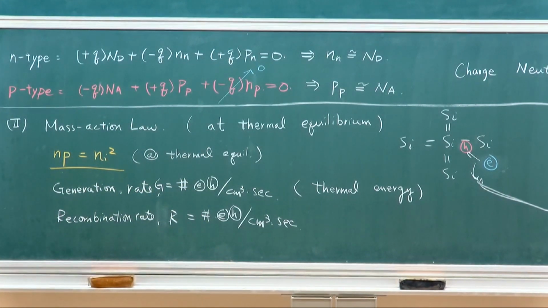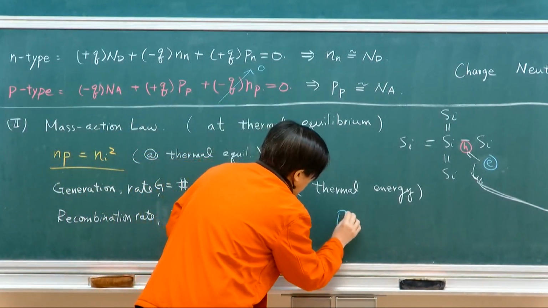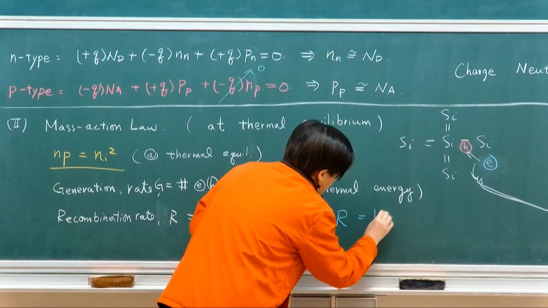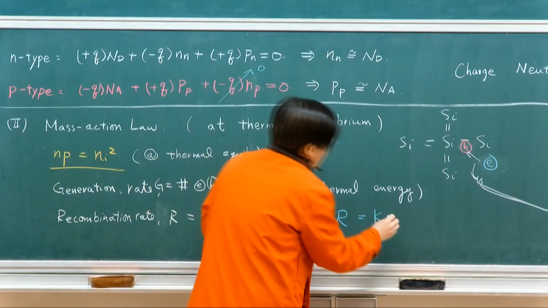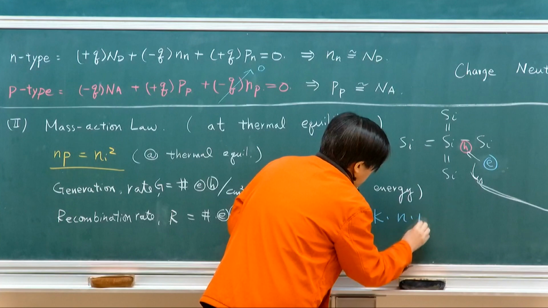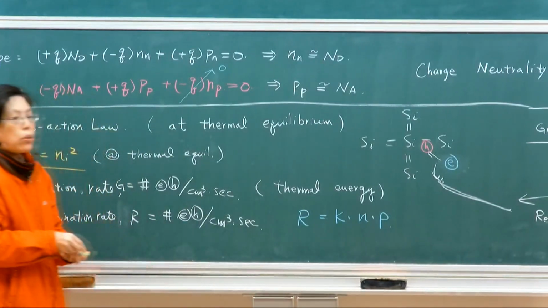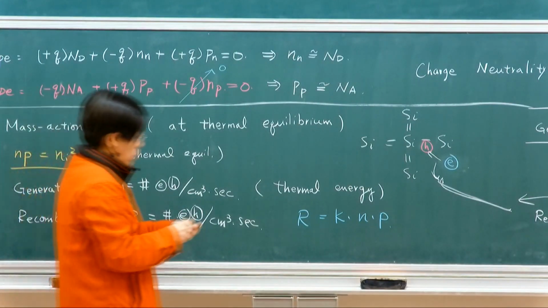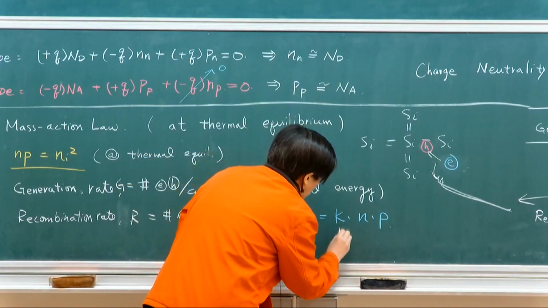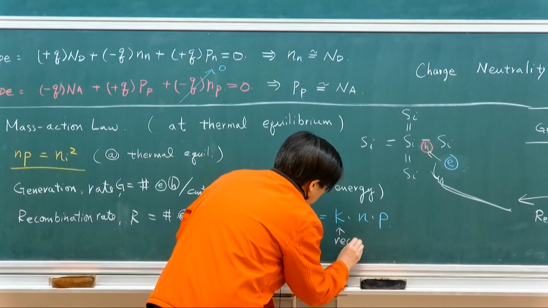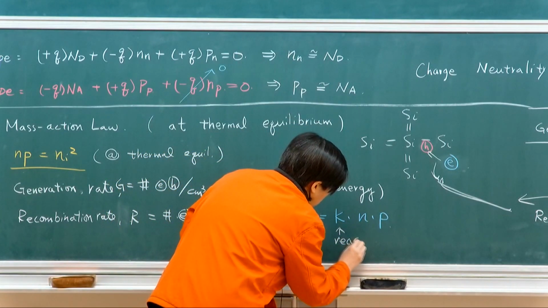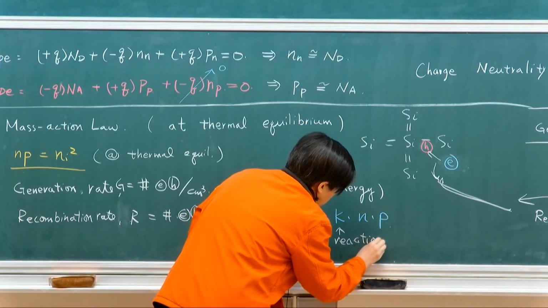Okay? By common sense, you will know that the recombination R should be proportional to a reaction constant, and the amount of materials available to recombine. So this is just a reaction constant.